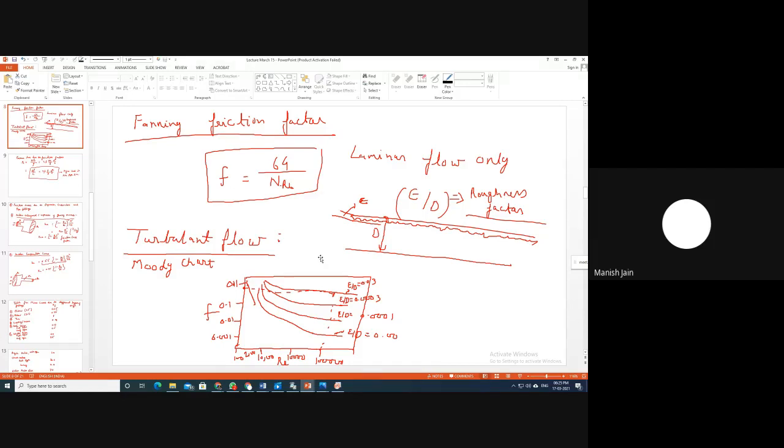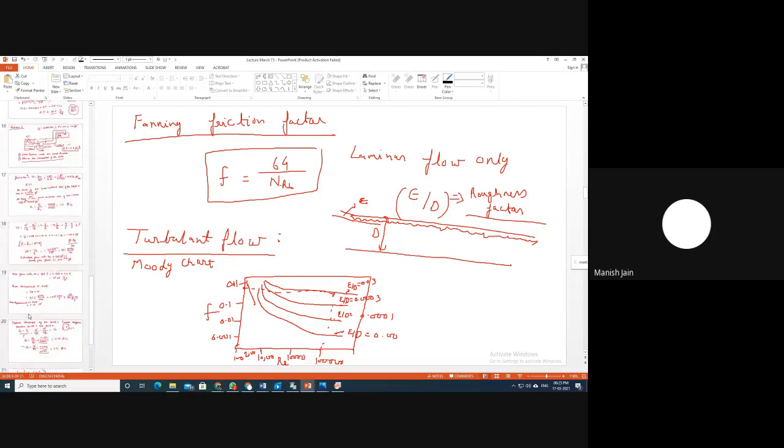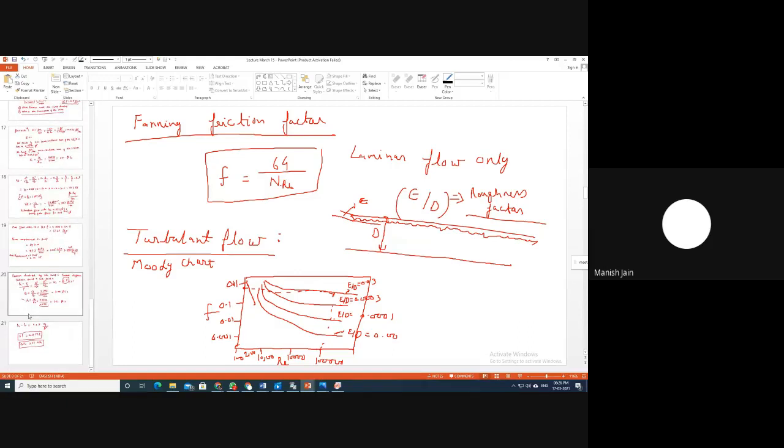Otherwise, the Bernoulli equation is given in energy per unit mass, joules per kg or lbf divided by lbm. Okay, this is the unit of the Bernoulli equation, and when you use the power, convert it into energy per second.